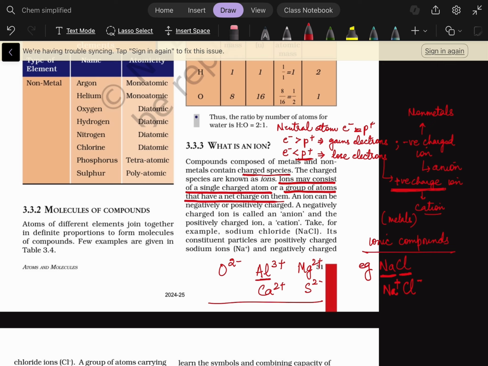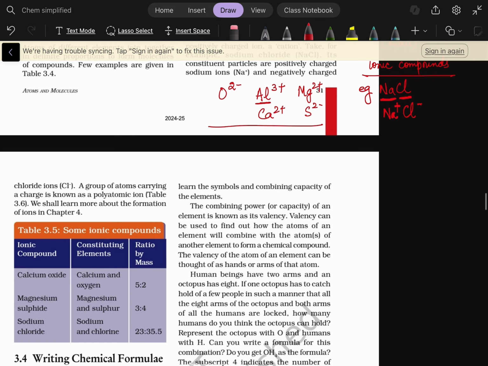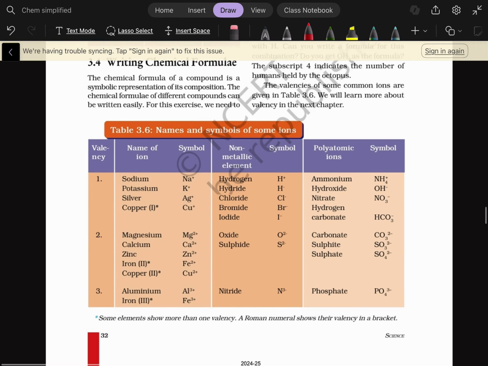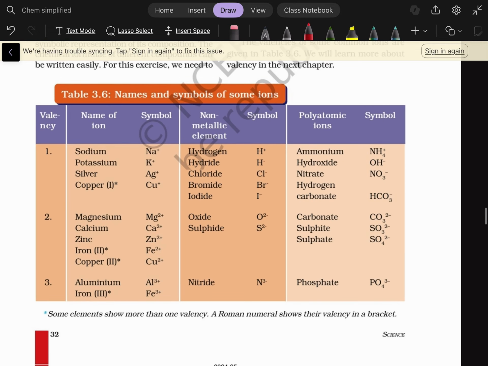But we may have a group of atoms and then they have a net overall charge on them. Such ions are called polyatomic ions. A group of atoms carrying a charge is known as a polyatomic ion. So if I give you examples of polyatomic ions, these are the examples in table 3.6.